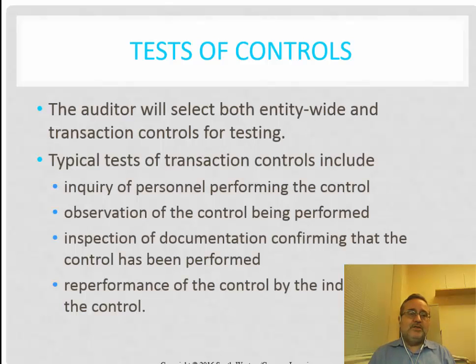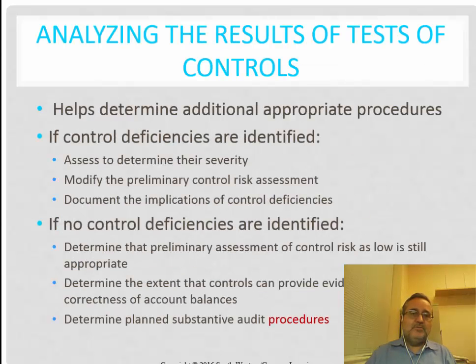We're going to do this by making inquiries. We're going to do this by making observations, and we've already talked about how we might be able to inspect documents to confirm that the control has been performed. Reperformance of a control by the individual testing the control is another part of our testing procedures.